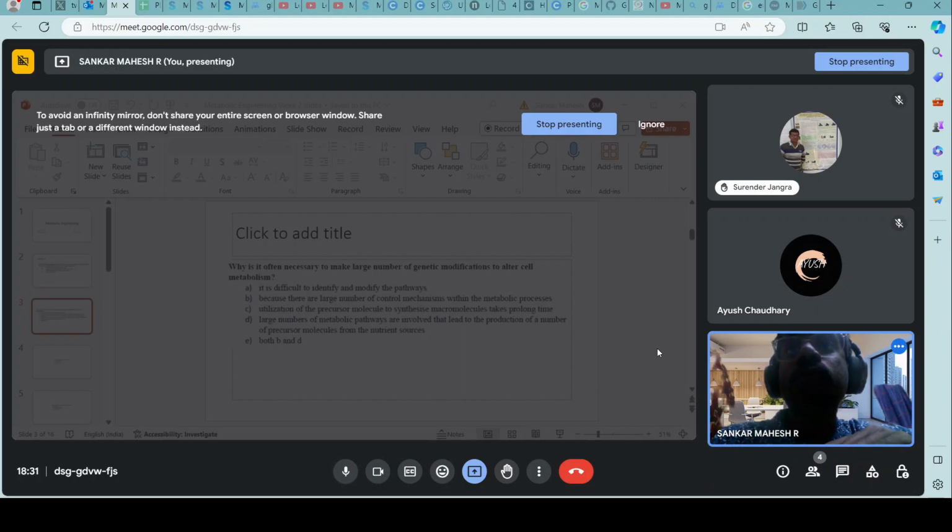Because there are many different control mechanisms that decide whether the genes involved in the pathway are being expressed at the optimal level at the optimal time, we have many different mechanisms that have to be brought under control to make the genetic modifications. So it is actually true that there are a large number of control mechanisms within the metabolic processes that make it difficult to engineer cell metabolism, making large numbers of genetic modifications necessary.